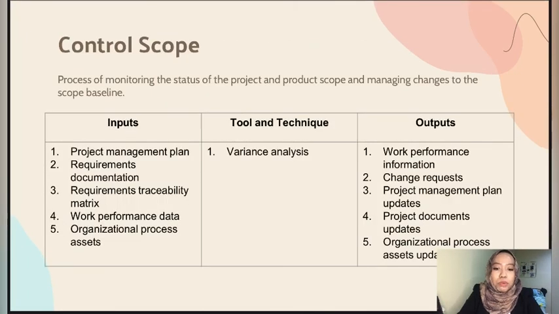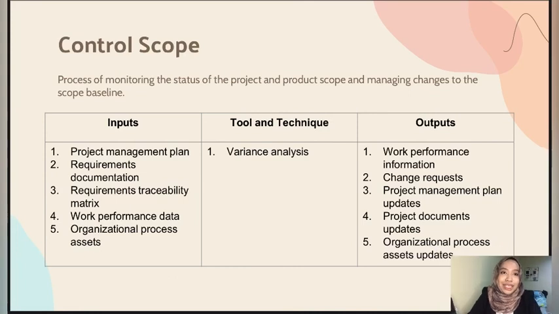Control scope is a process of monitoring the status of the project and product scope and managing changes to the scope baseline. It means that the key benefit of this process is to allow the scope baseline to be maintained throughout the project. Alright, so control scope has inputs, tools and techniques, and outputs.